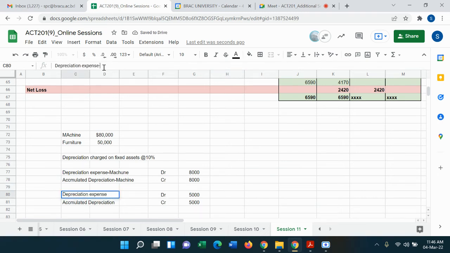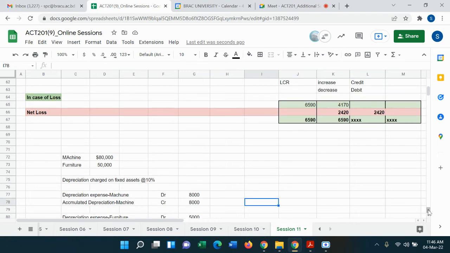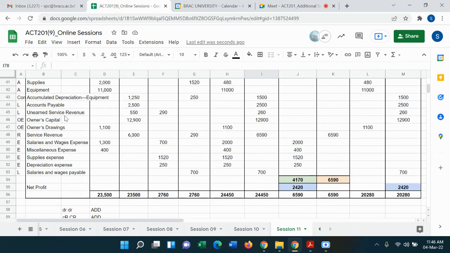And for furniture, like that. Accumulated depreciation. And whenever we have to create ledger accounts, we have to create four individual ledger accounts here. And if you notice, in this example Paul also follows the same procedure: accumulated depreciation on equipment. So whenever you are charging depreciation expense, we should mention depreciation expense on equipment.